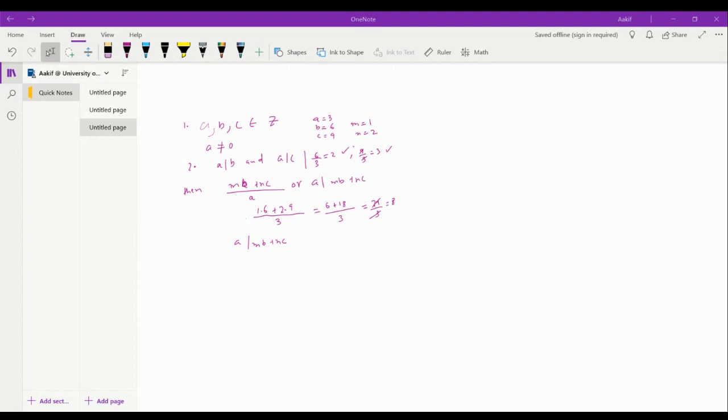Now, the division algorithm. In a typical division algorithm, what we have are things like divisor, dividend, quotient, and remainder.